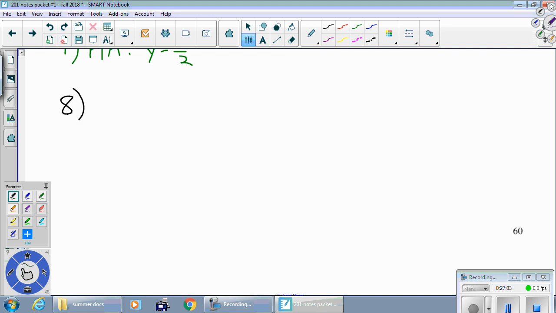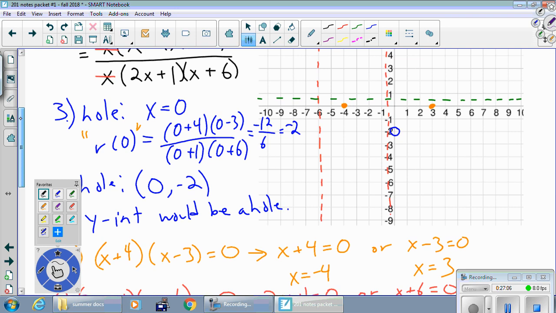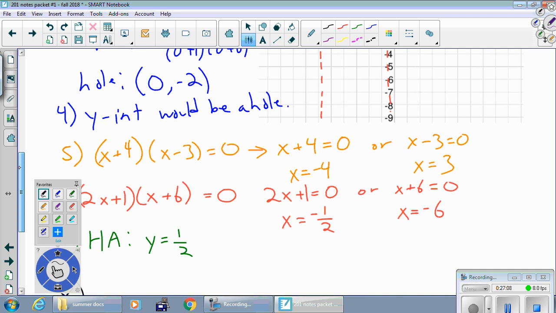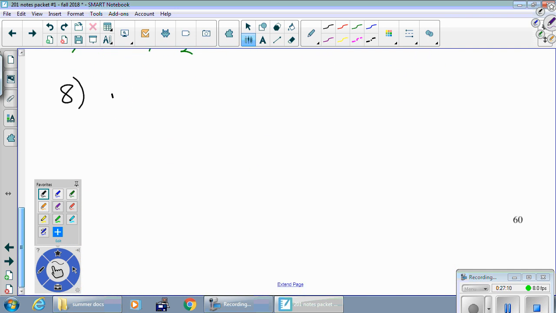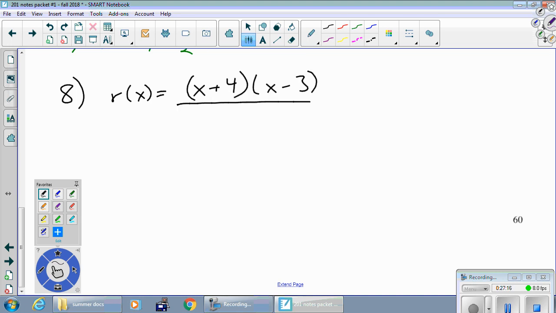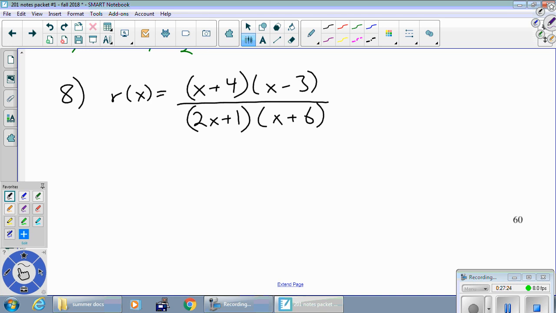So, sign chart. Let me copy the factored version of this thing. So it's up there in black. Okay, so there's our factored version after we cancel those leading x's.